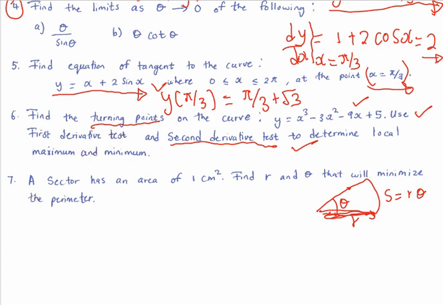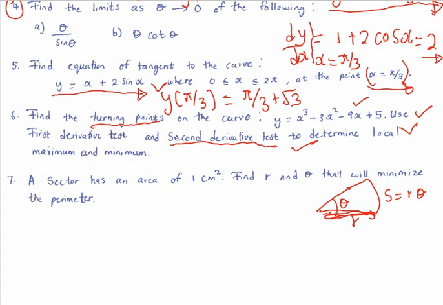Okay, so for you to answer this question, you should not forget how you answer this type of questions, where you are understanding the local maximum and local minimum. So here it means we are trying to find now the local minimum of the perimeter. But now we're trying to evaluate it in terms of r, and in terms of theta.